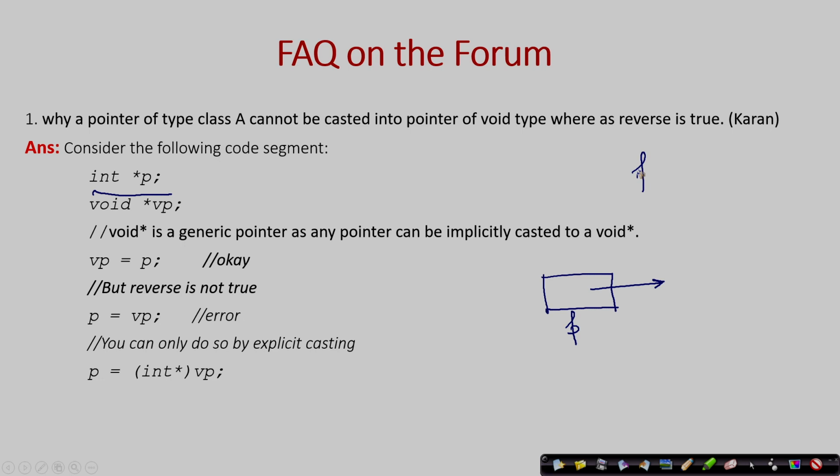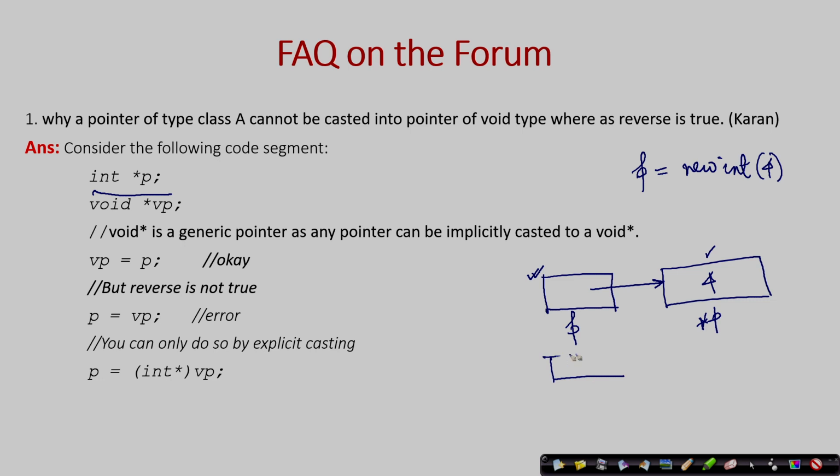If I do something like p assigned new int 4, it will have a location which will contain this value 4, and star p will mean this. So, what I know about this is if I have a pointer here, and if I go to that address, I will necessarily find an integer.